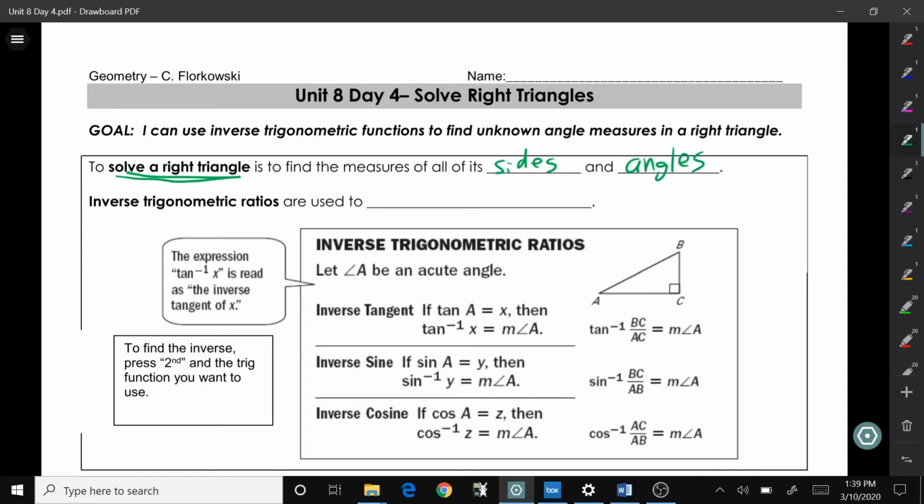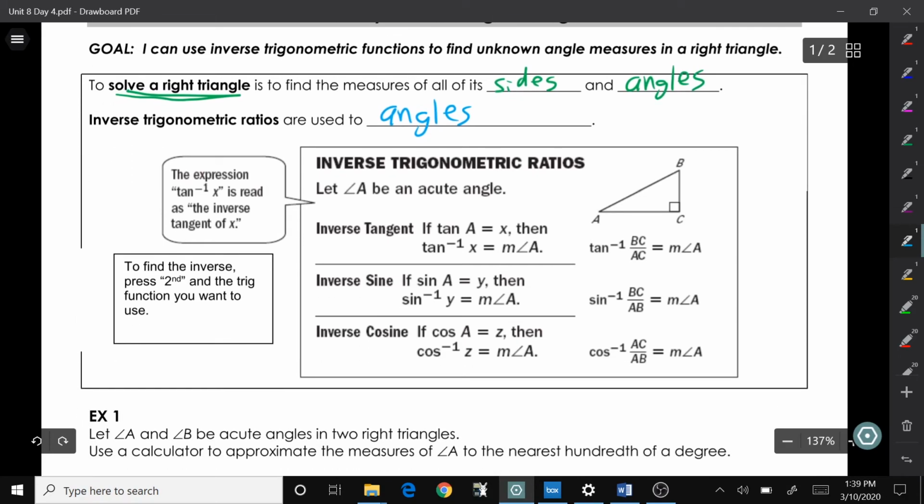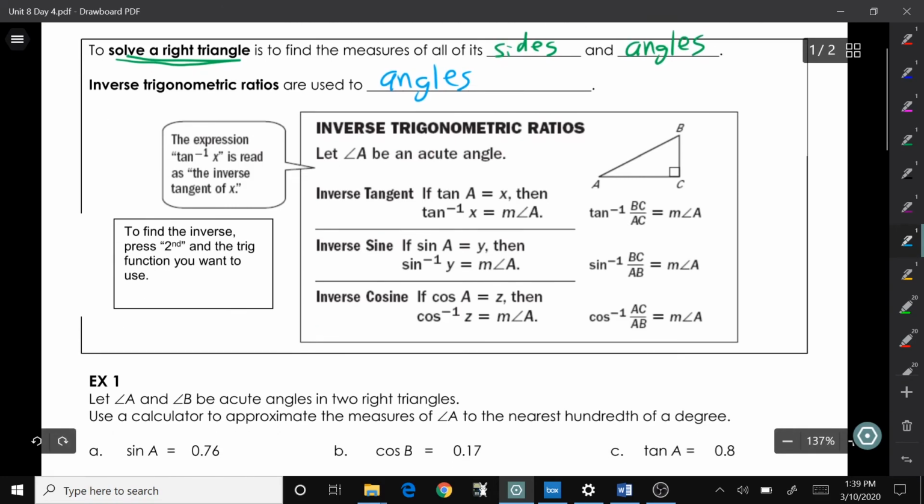To find angles, we can use the inverse trigonometric ratios. They are used to find angles. Basically, we're going to set up things the same way as we did previously with SohCahToa, sine, cosine, and tangent. But we're not going to know the angles, we're going to know the two sides. And then we're going to use the inverse trig ratios.